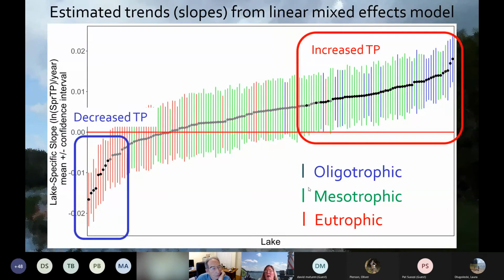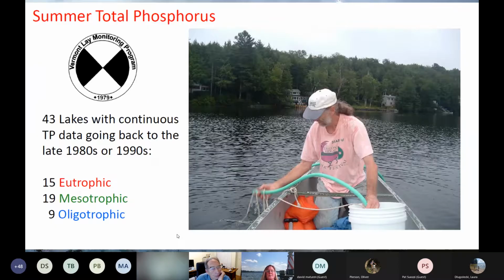On the other hand, all but one of the high nutrient eutrophic lakes have stable or already decreasing phosphorus trends, which you see on the box in blue on the left.